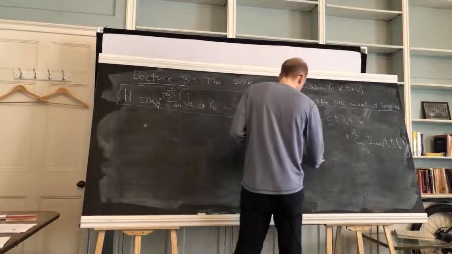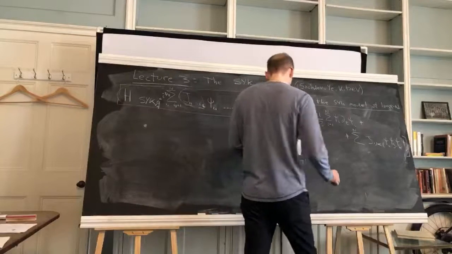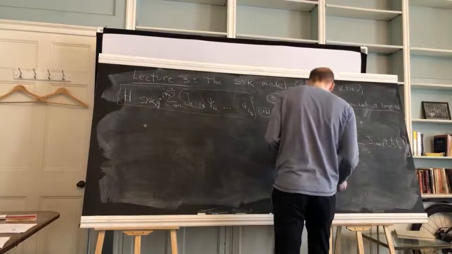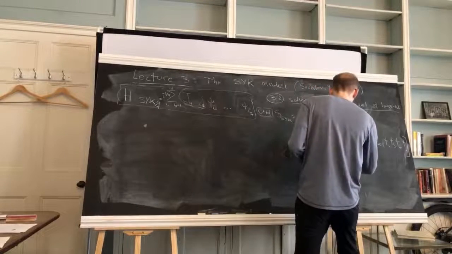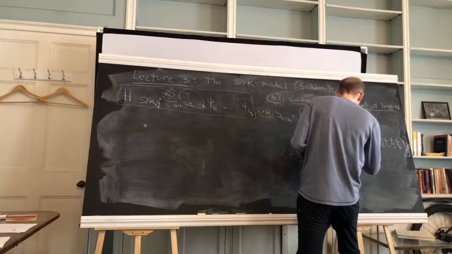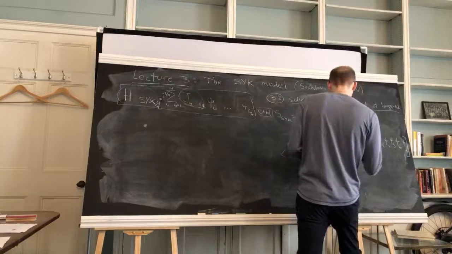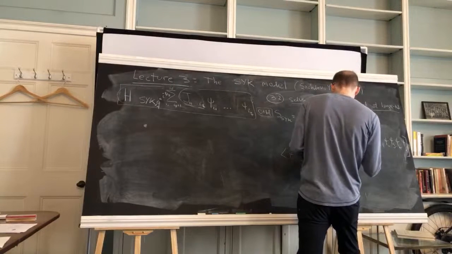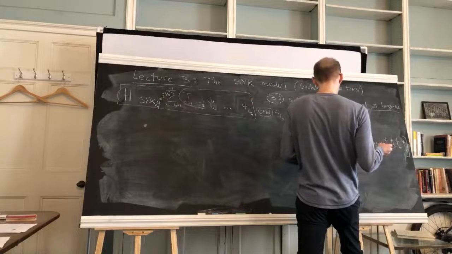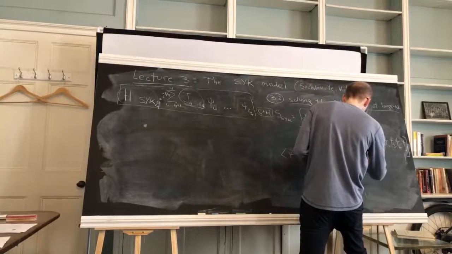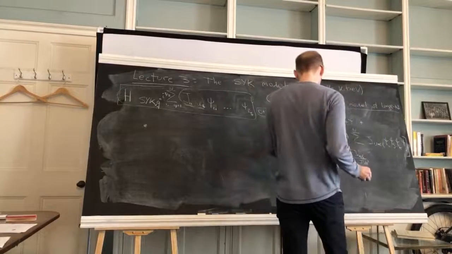And the way we do this is to integrate over all possible J_IJKL with this Gaussian distribution, exp of minus J_IJKL squared over sigma, where sigma is J squared over n cubed.